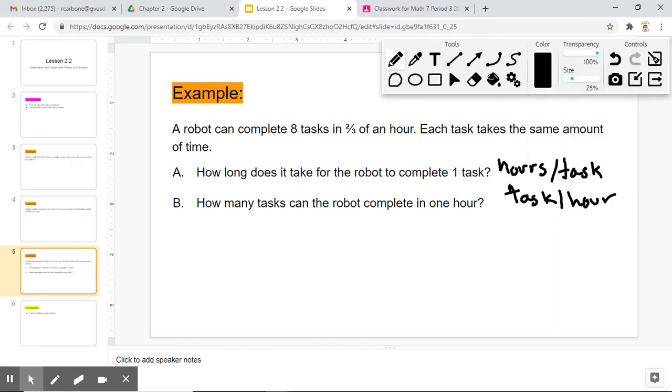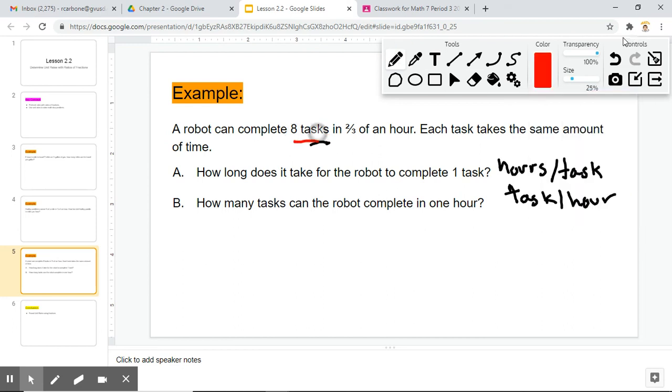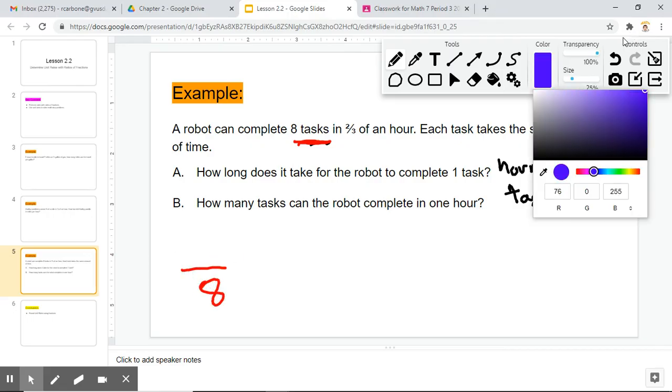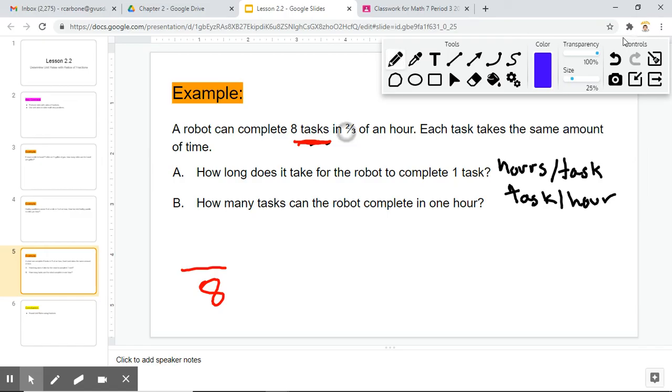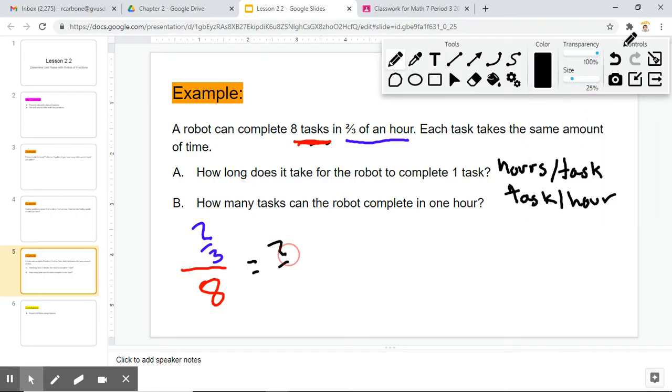So we have 8 tasks we are completing, so our denominator here will be an 8. And then our numerator is 2/3 of an hour. So we have 2/3 divided by 8. So again, let's rewrite this here. Now we have 2/3 divided by 8. We can use our KFC method here to keep, flip, change.